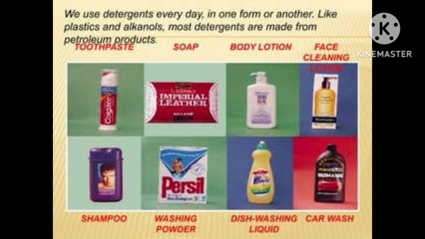Again I am telling you, its chemical formula is C18H29NaO3S, and the scientific name is sodium dodecyl benzene sulfonate. This is its scientific name or chemical name, sodium dodecyl benzene sulfonate.